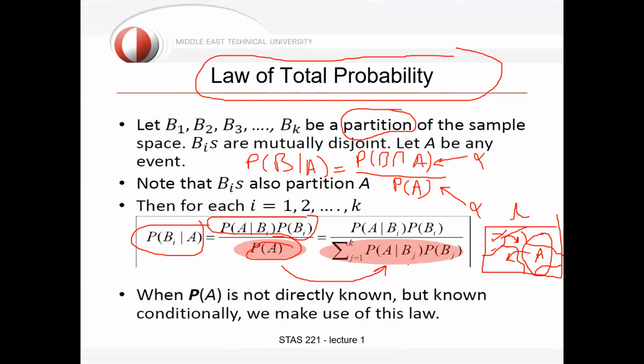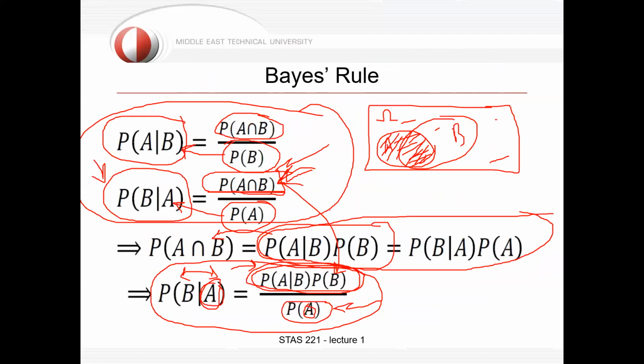So to sum up how to calculate conditional probabilities: whenever you want to calculate the probability of B given A, and you have information about these two, it's easy to use this formula, and you don't care about the law of total probability or the previous slide. But if you don't have information about their intersection, then by using Bayes' rule, you can use this formula.